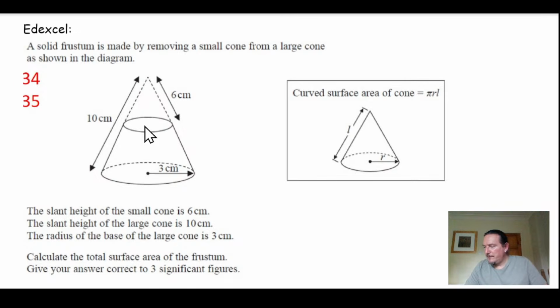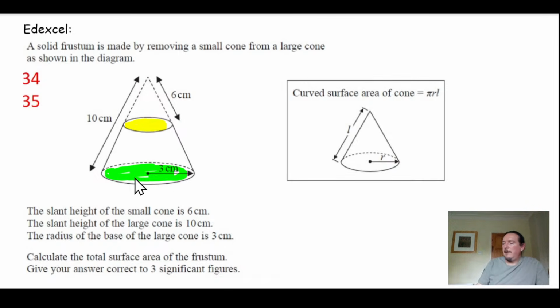So the total surface area of the frustum is going to be, how many faces does this frustum have? It's actually got 3 faces. It's got this circle part at the top. It's got a slightly different size circle at the bottom, so it can't just double one up.